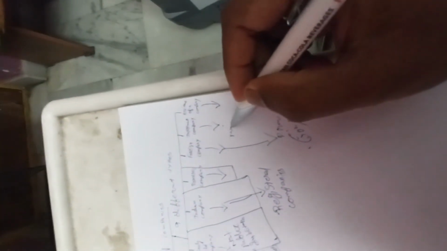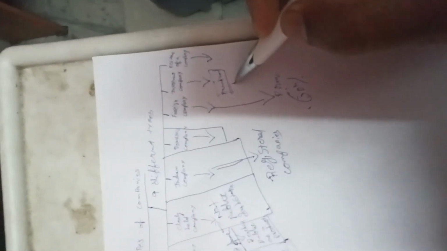And the next one is the investment company. An investment company is a company where the public starts investing through these companies. For example, a mutual fund company. The public are invested in the share market, but they cannot invest directly in the share market because of lack of knowledge.